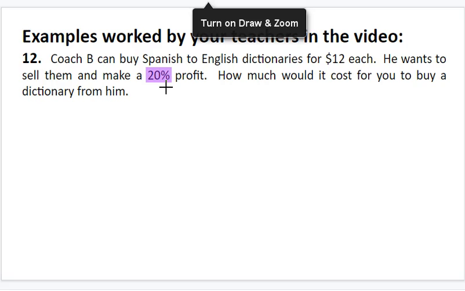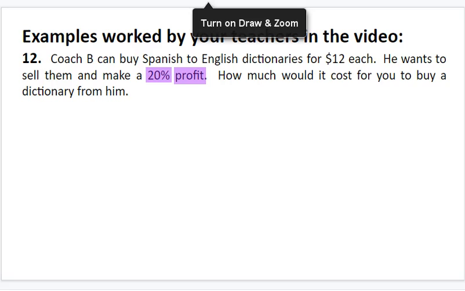20%, and I see that I'm talking about a profit, which means I'm wanting to mark up my dictionaries, okay? Because I'm wanting to make a profit, I need to sell them for more than they are originally worth, okay?